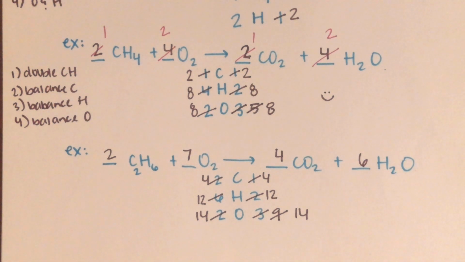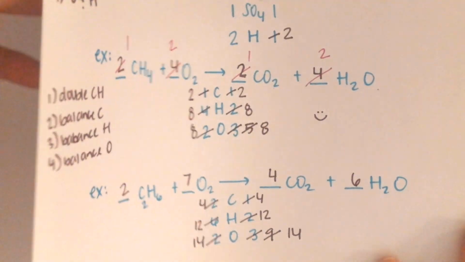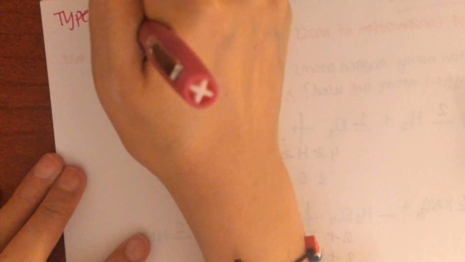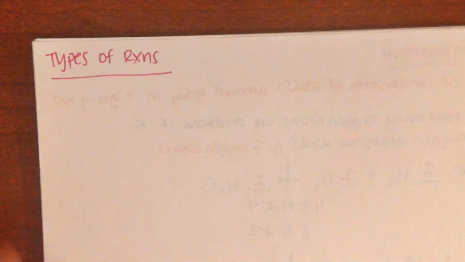Now we're going to talk about types of reactions, and we actually already talked about one of them. But there are 5 types of reactions. RxN means reactions. So for the first reaction, it is called synthesis.